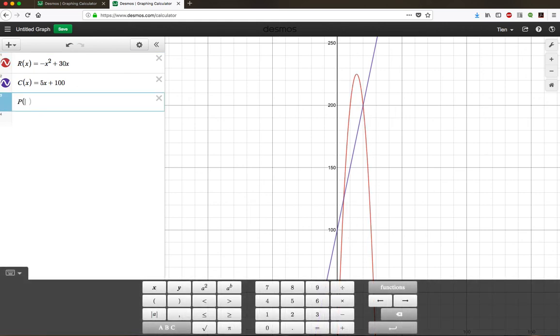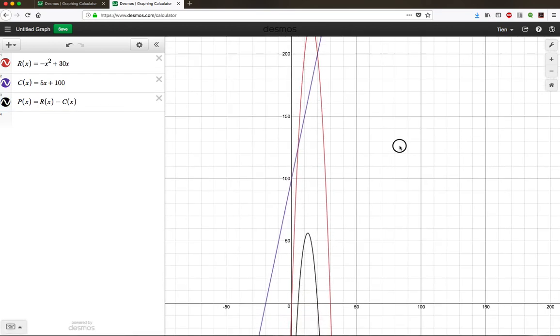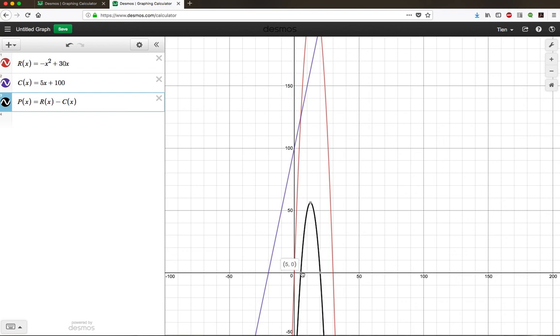And in fact, we could just as well graph a profit function, which is your revenue minus your costs. And if we do that, then that's exactly what we see. At 5 and 20 are your break-even points. We lose money outside of that, but between 5 and 20, we make money, and that's maximized when x is 12 and a half.